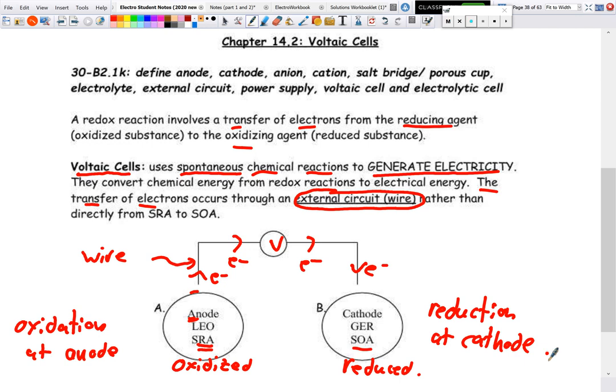That is how they are defined. So not only do we have the processes of strongest reducing agent and of course oxidation, we can also refer to them as the anode. So we have technically three terms to describe what is happening in a particular half reaction or half cell reaction.